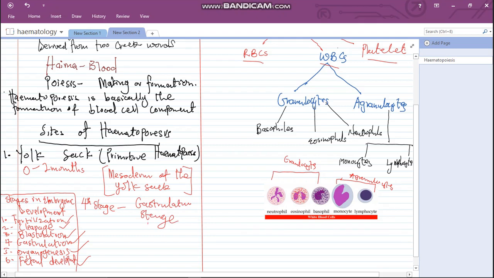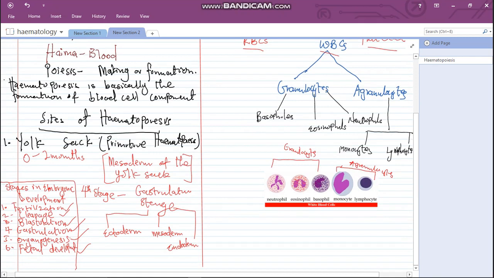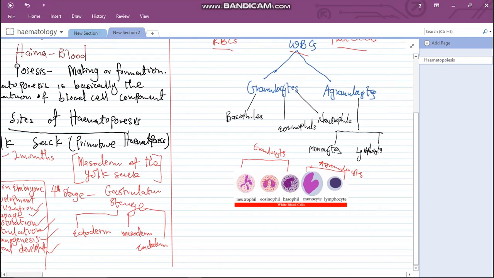In the gastrulation stage, there is the formation of 3 major layers, which are the ectoderm, the mesoderm, and then finally the endoderm. Alright.